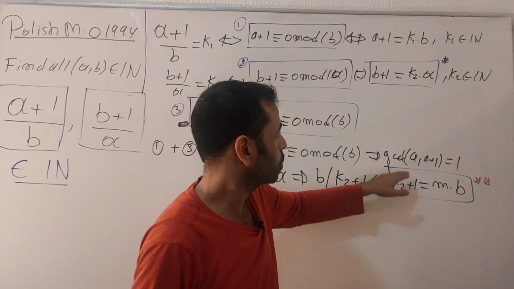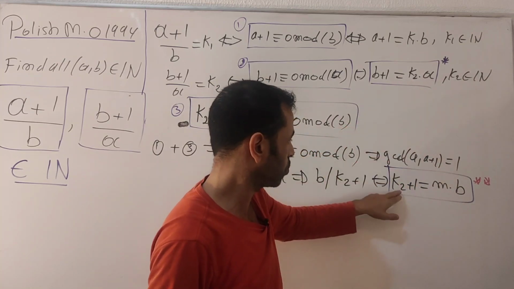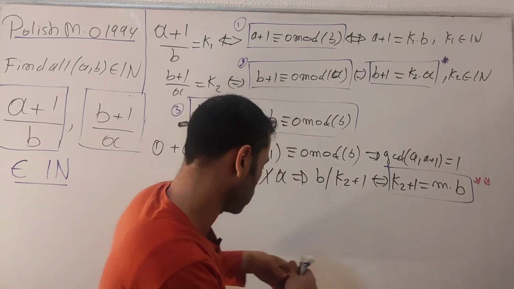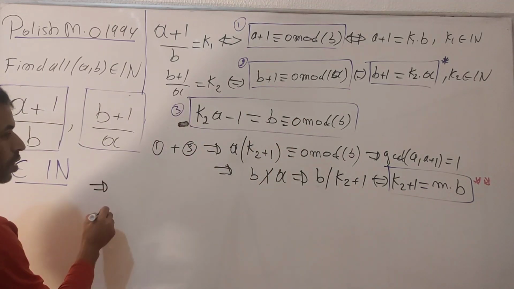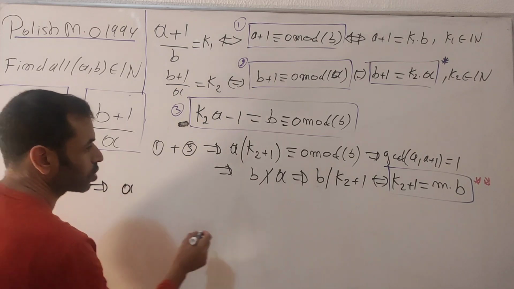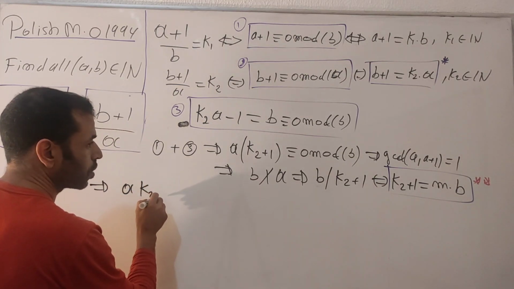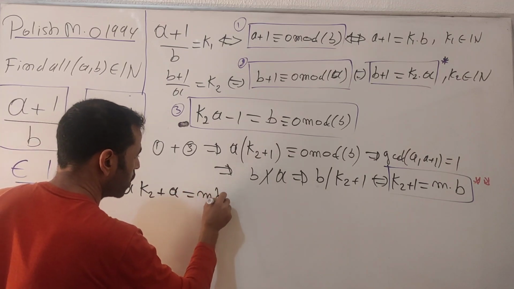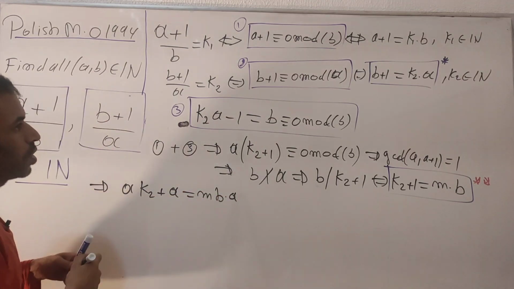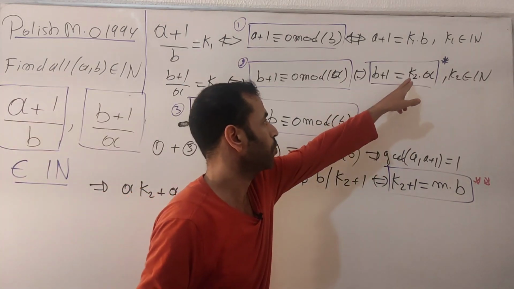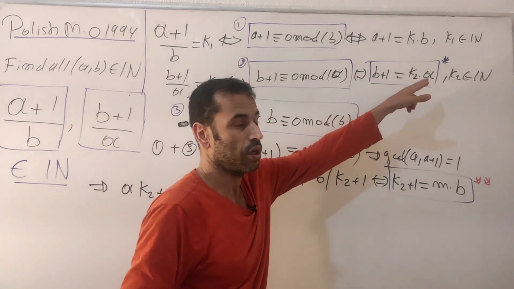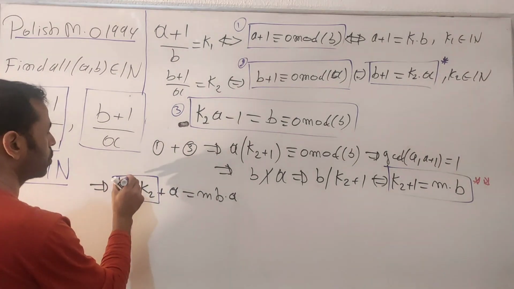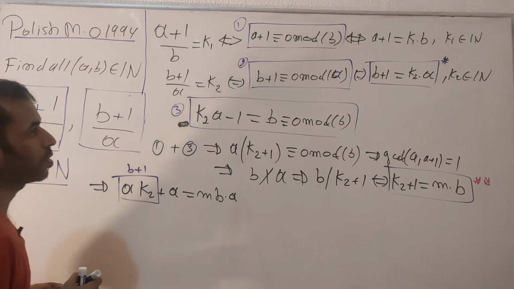So in order to combine the two equations, I'm going to multiply both sides of this equation by A. I get A multiplied by K2 plus A equals MBA. Since I get A K2 here, I'm going to insert its value, so this A K2 will be replaced with B plus 1.